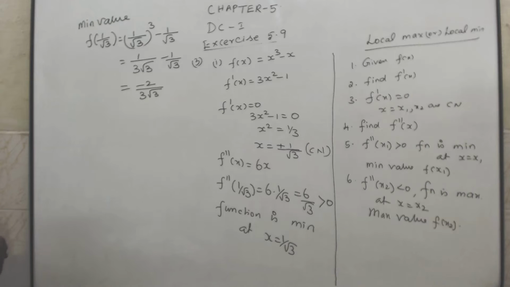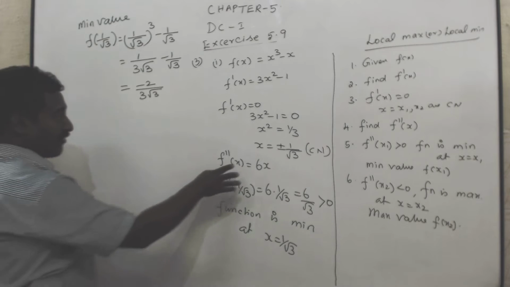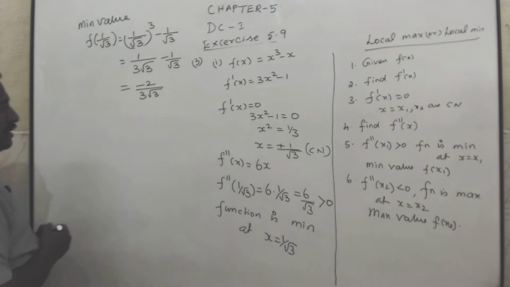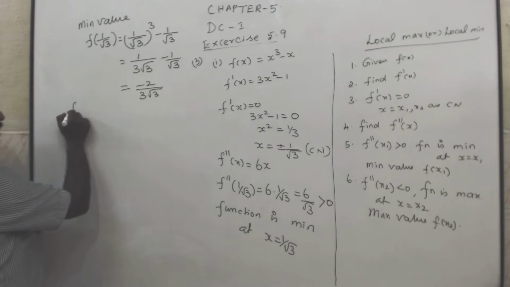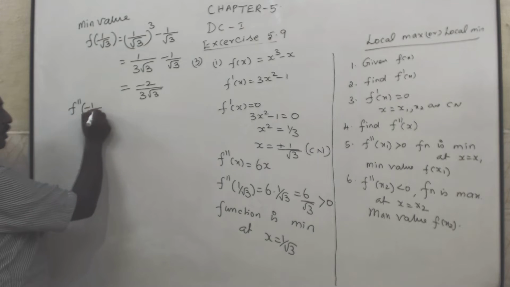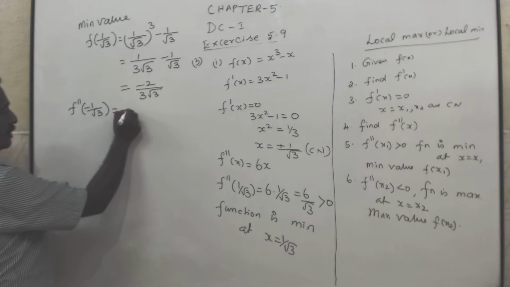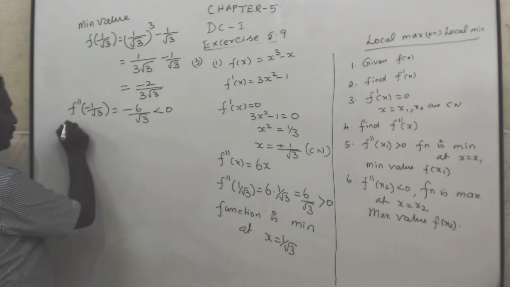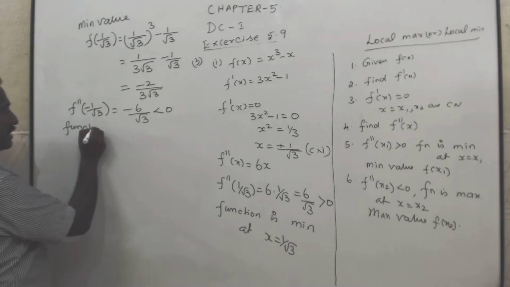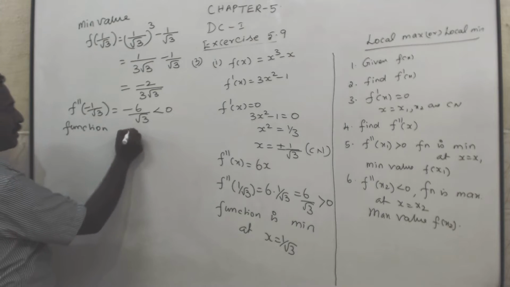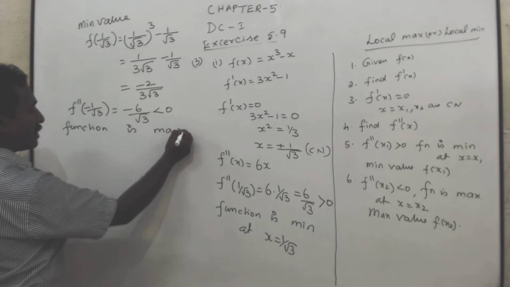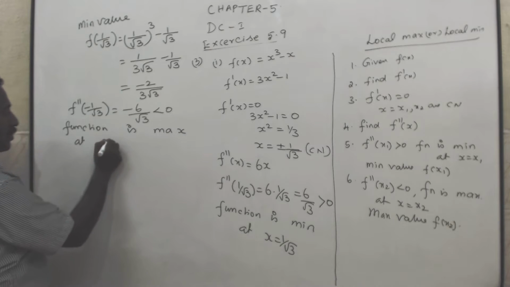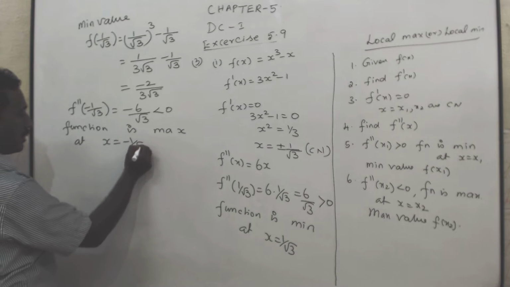This is minimum value. Next, you have to verify for x is equal to minus 1 by root 3. f double dash of minus 1 by root 3, that is minus 6 by root 3, is negative. Therefore, function is maximum at x is equal to minus 1 by root 3.